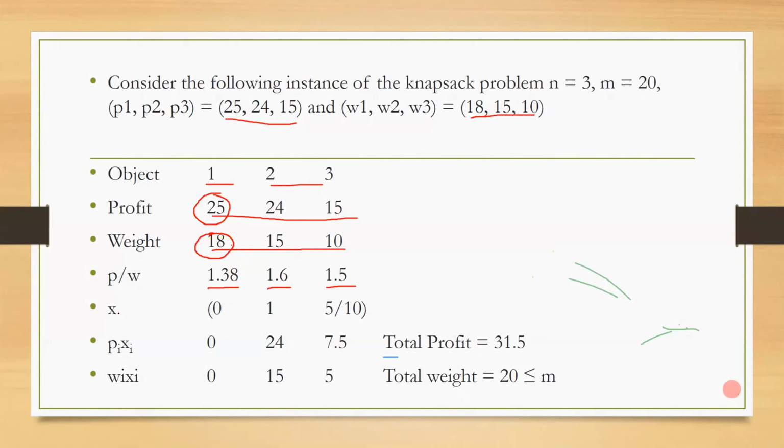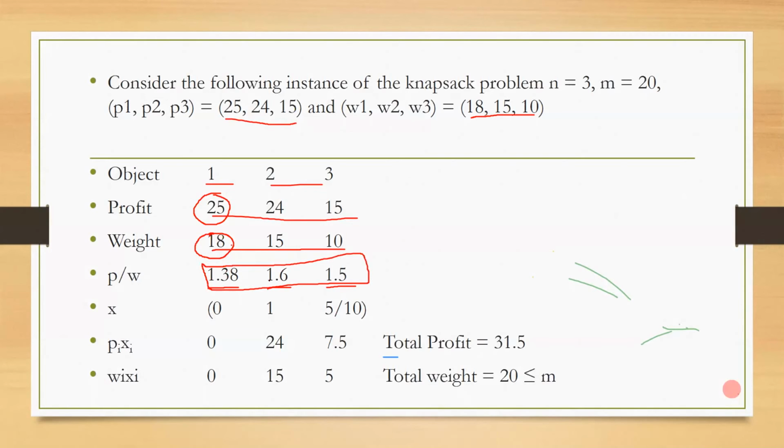The next step is we have to calculate x. In the previous step, I told that the value of x ranges from 0 to 1. Either it can be 0 or 1 and any value in the middle. If it is 0, it means that the object is not included. If it is 1, it means that the object is included. Okay. Now, from the previous step, you are supposed to take the biggest profit by weight.